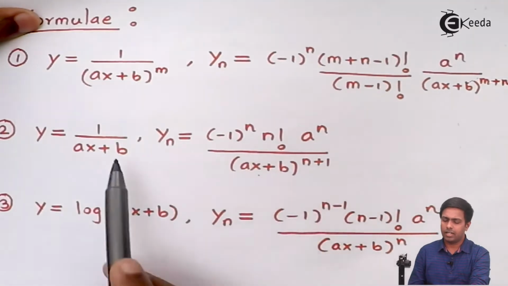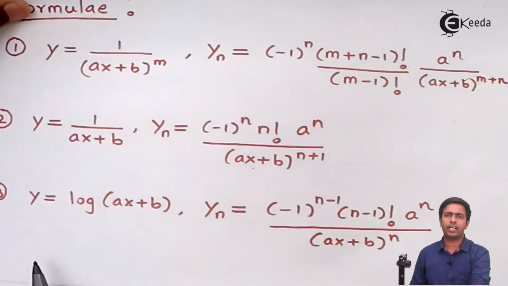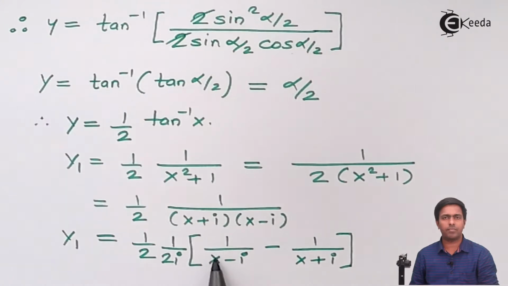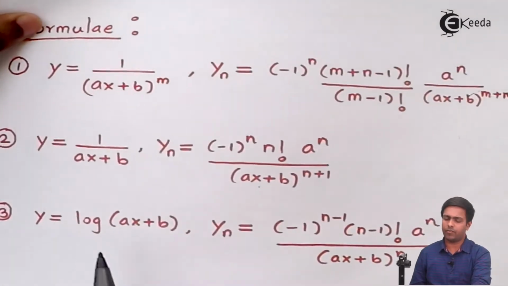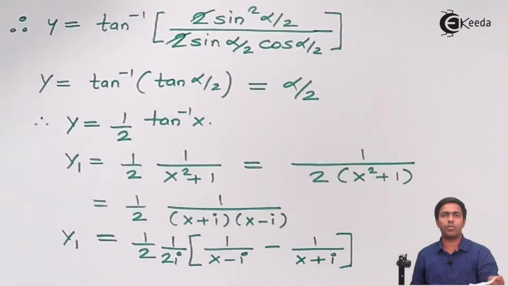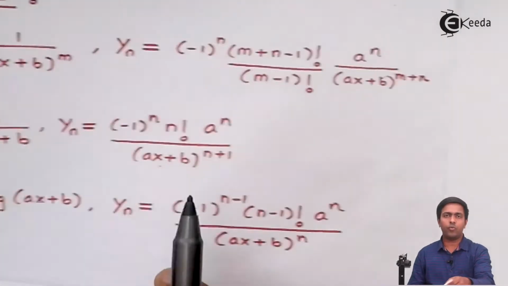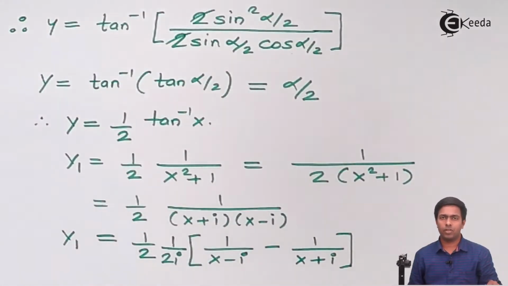Now guys, this value of y we are getting at y1, because if you observe 1 upon x minus i, we are getting that value at y1, not at y. Therefore the value of yn will be shifted by one term. So that value of yn we will get at yn plus 1. So the nth derivative will be shifted by 1, since the value of y is shifted by one term.